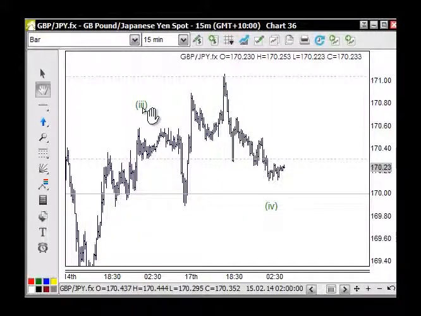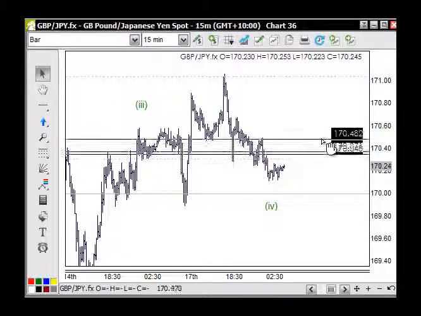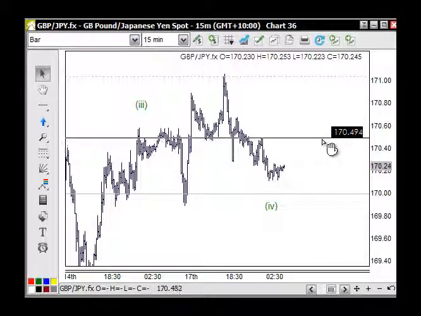We may have the 3rd wave at this point, and we've got an A wave and a B wave and a C wave to here. We could move up from here. So moving in on 170.30 is the go, but even a safer bet would be at the midpoint here. 170.50 support on top of that will give you the uptrend from that point. So you can go long from that point.